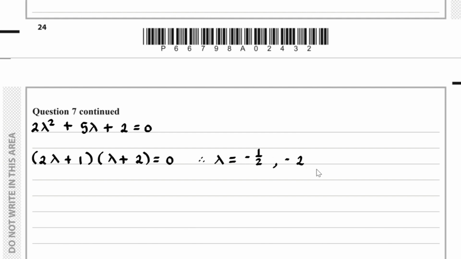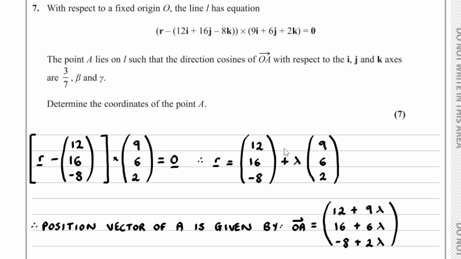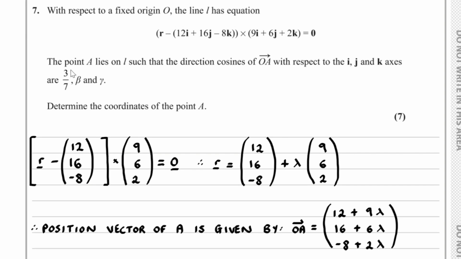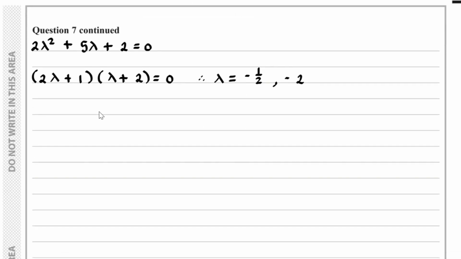Now, with each of these values of lambda, let's find the position vector of A, and then with that we also need to verify that the direction cosines will equal 3/7. So let's take a look at the value of lambda equals -1/2.